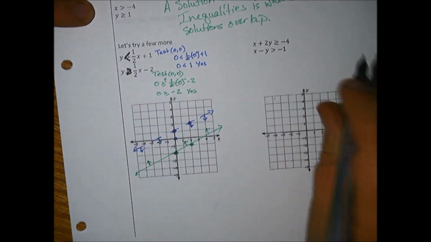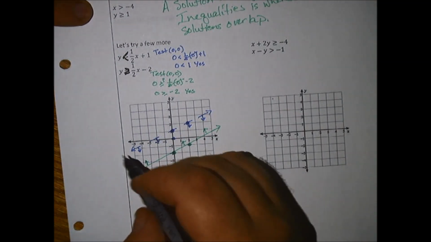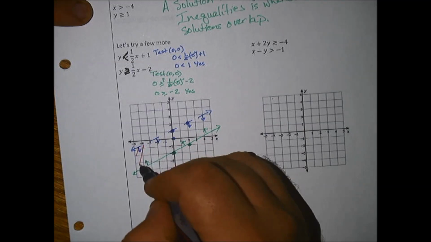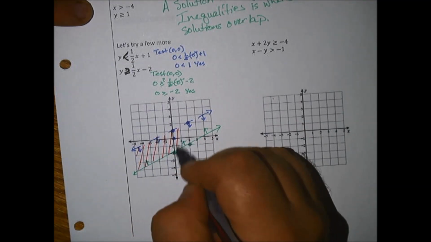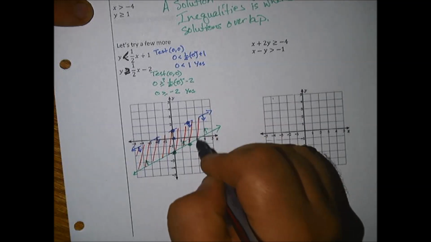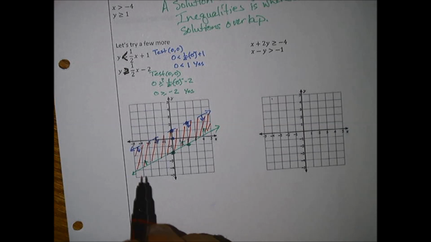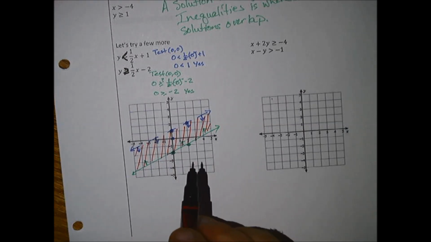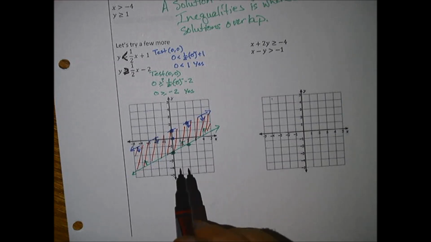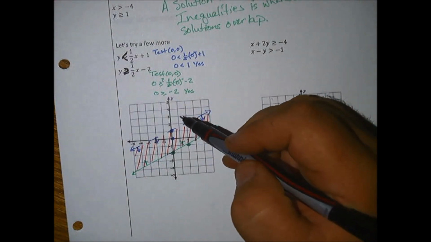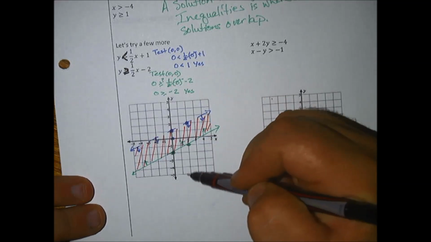Okay, so now I just want to shade where those two inequalities overlap. It would be right in here, right in between the two lines. And again, if you remember, I use just lines to shade, because if I actually shade it, it just turns into a big mess, and it's pretty tough to read. The original way the problem had it is that you shaded this one above and this one below, so they didn't overlap.